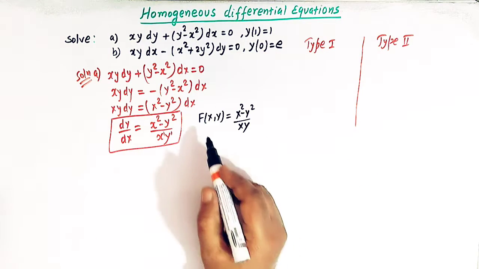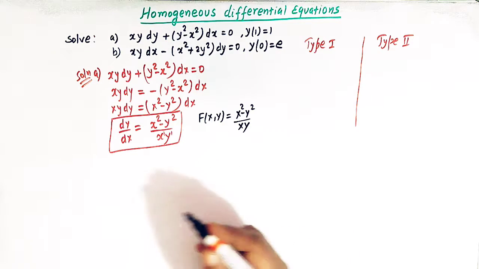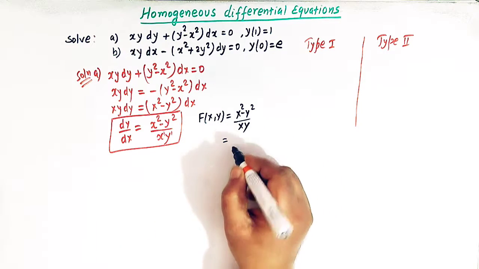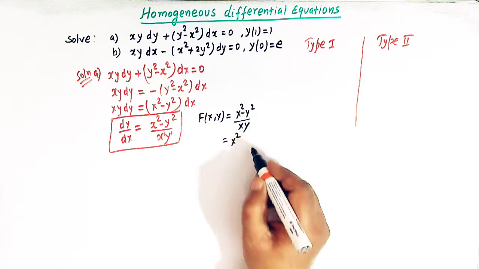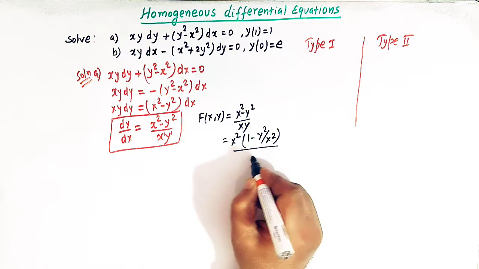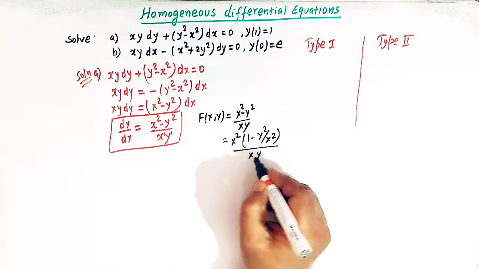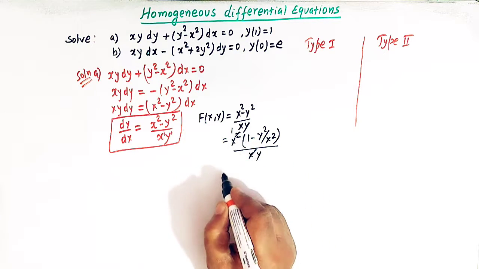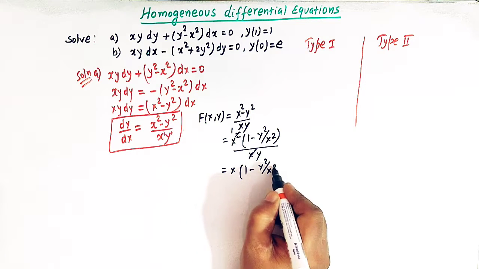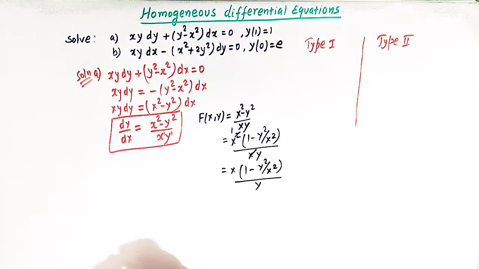So now let us take this function in another way, right? What we will do is take x square common from the numerator. We have x square times (1 minus y square over x square), and here we have xy. We can cancel this x. Then we have x times (1 minus y square over x square), and here we have y, right?